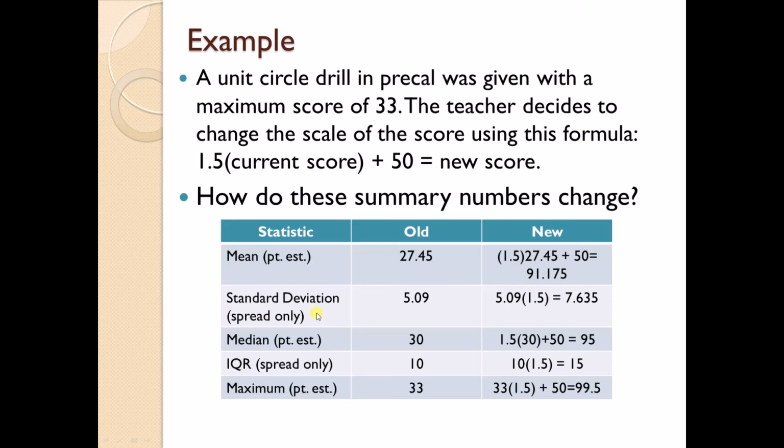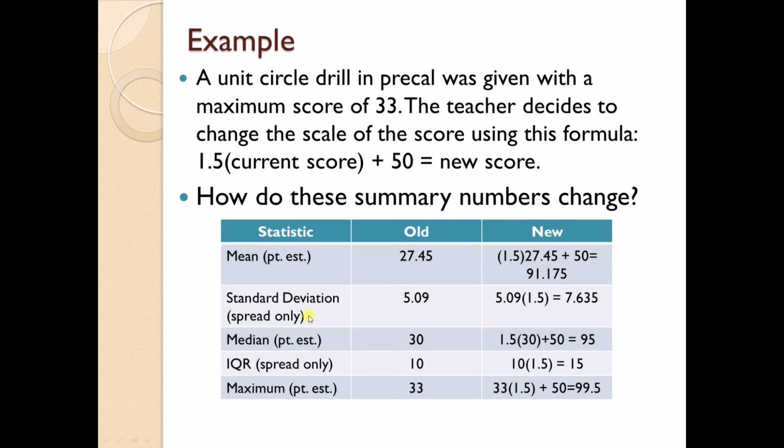Now standard deviation is only affected by the multiplicative part, the rescaling. Because if you add a constant to all of your data values, it's just going to move them left or right. If you add a negative, it would move it left. So that's going to change the location, but it's not going to change the spread.